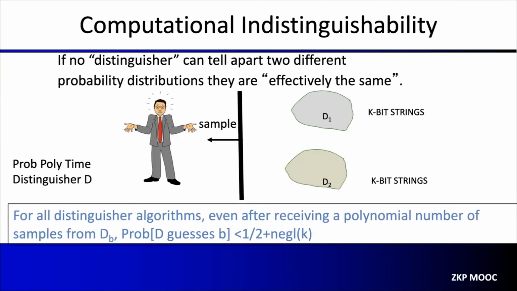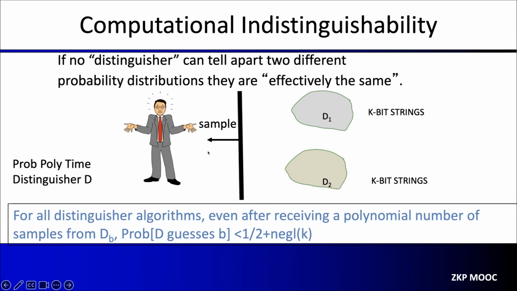We can talk about computational distinguishability as a notion more generally, where again, there are two distributions. In our case, there were views, but there could be just two k-bit strings. And the game is that there's a distinguisher on the other side of the wall, and he can press a button and get samples, always from either all the samples from distribution D1 or all the samples from distribution D2. And his wish is to distinguish which is the case.